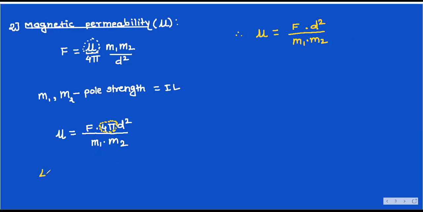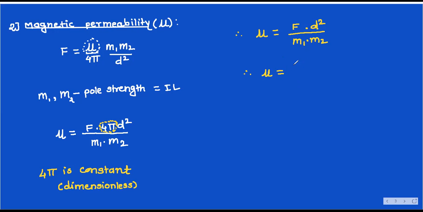Because 4 pi is constant, and if any constant doesn't have any unit, then it is dimensionless. So mu is equal to F d square by m1 into m2.